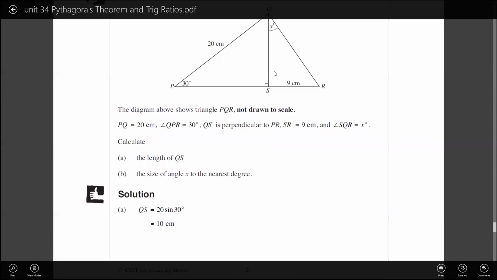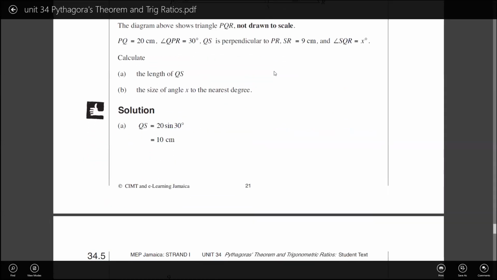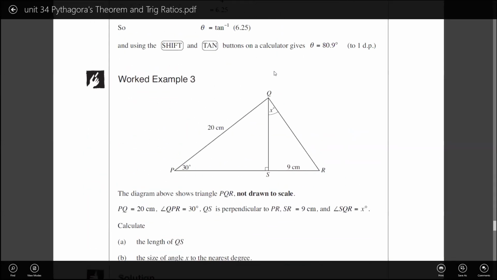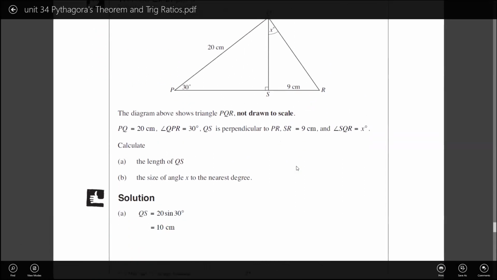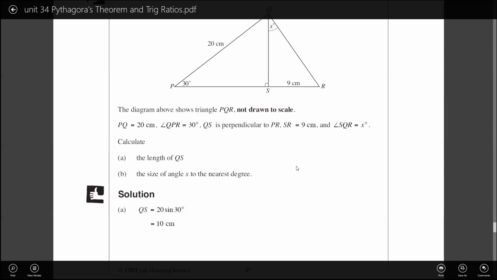So 9 is opposite to X degrees, and QS is adjacent. Opposite over adjacent, so that is tan. So you have 9 over 10, that's 0.9.